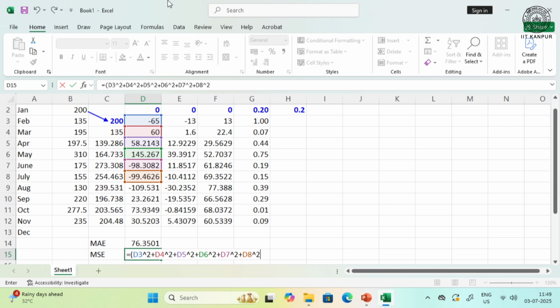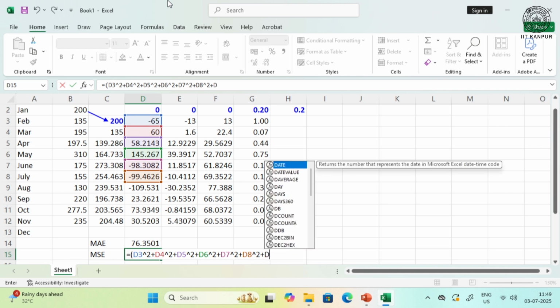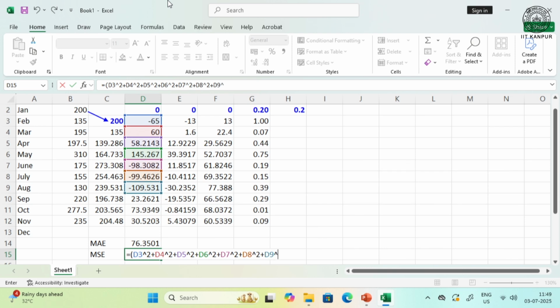If you see, it is including all the errors one at a time and squaring them. Then D9 whole square plus D10 whole square plus D11 whole square plus D12 whole square. So, all the squares are done.